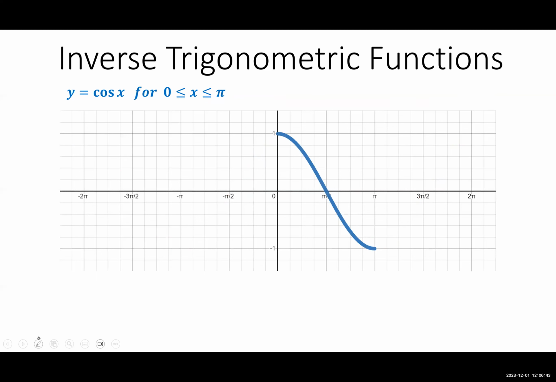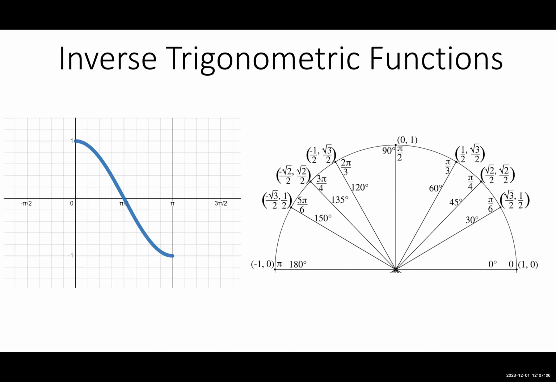So now we have the graph of y equals the cosine of x, only this little window from 0 to pi. And if you think about the unit circle, 0 to pi is going to be the top half, the top semicircle.